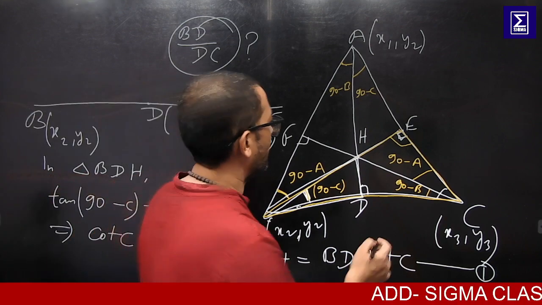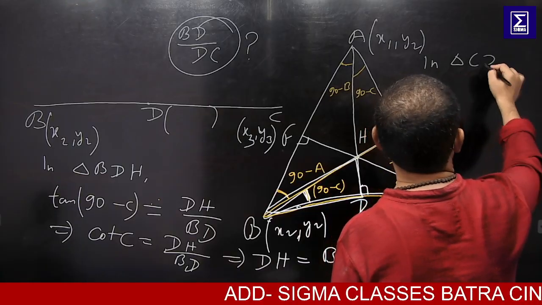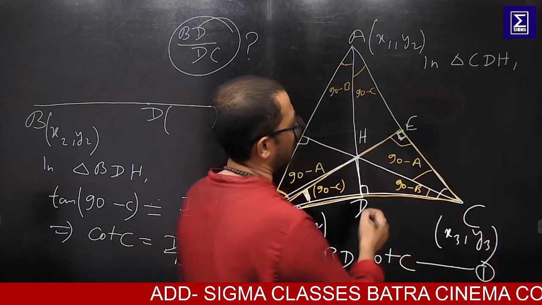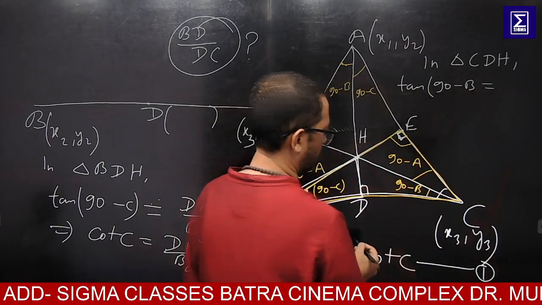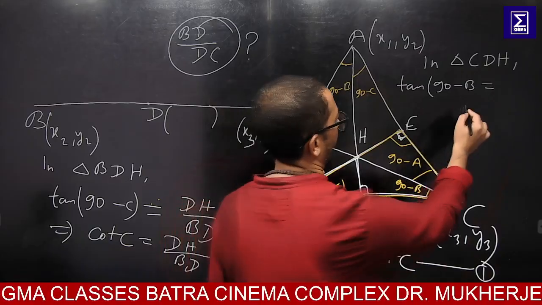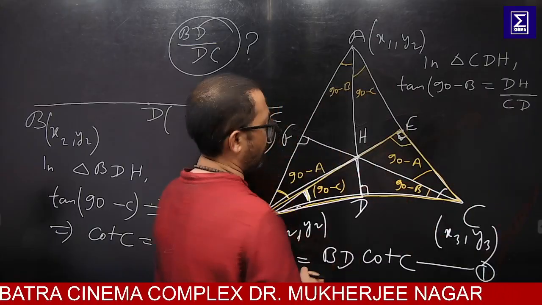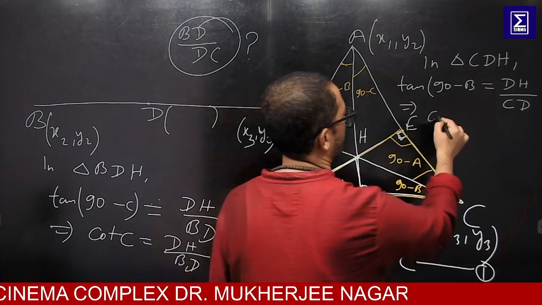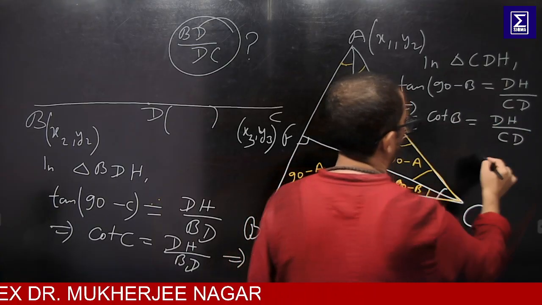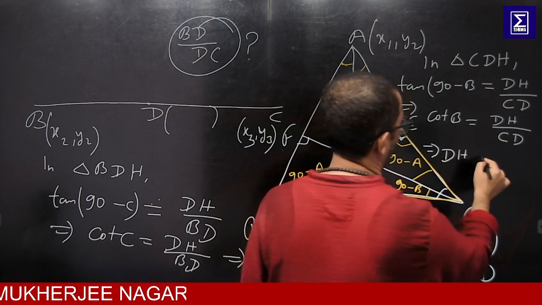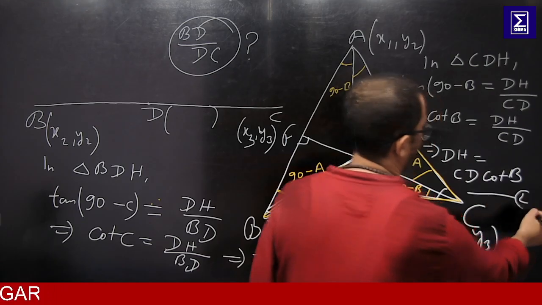In a similar way, if you take triangle CDH, tan of (90 minus B) is equal to DH upon CD, yes or no? Now tan of (90 minus B) is cot B. So DH is equal to CD times cot B. This is equation second.